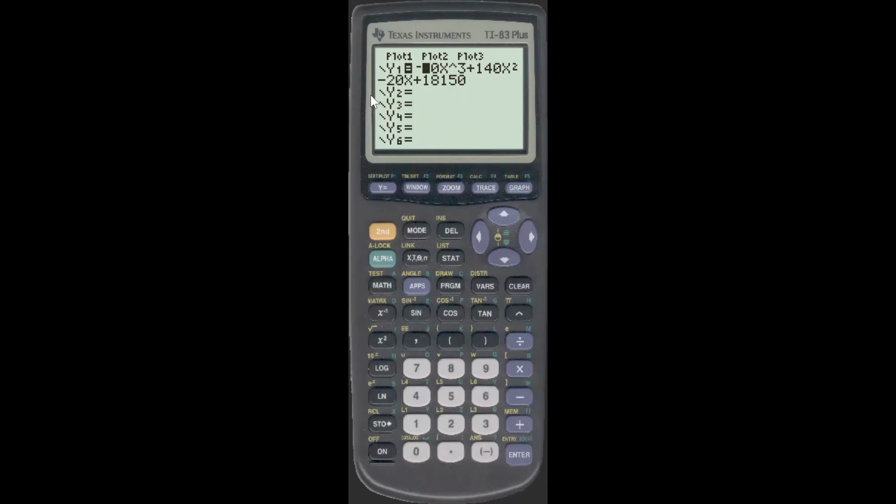And then go to zoom and go down to zoom fit 0 there and hit enter. Now it says check all arguments entered.